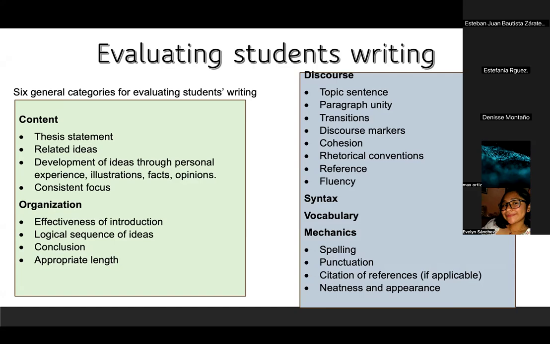So those aspects, in general terms, will guide your students to focus on how they are going to correct their written assignments. And of course, for you, those aspects can be considered for developing your evaluation tools like a rubric, like an estimative scale, or a checklist.